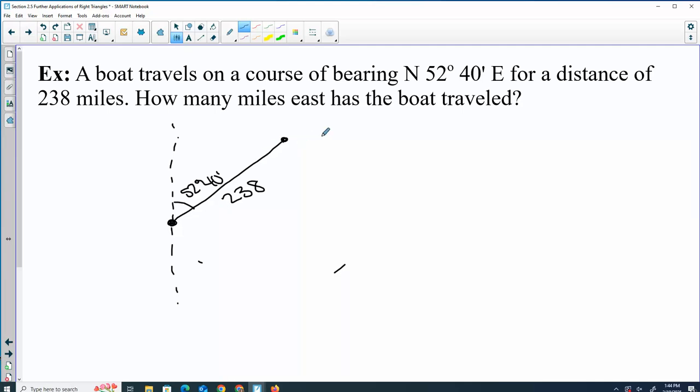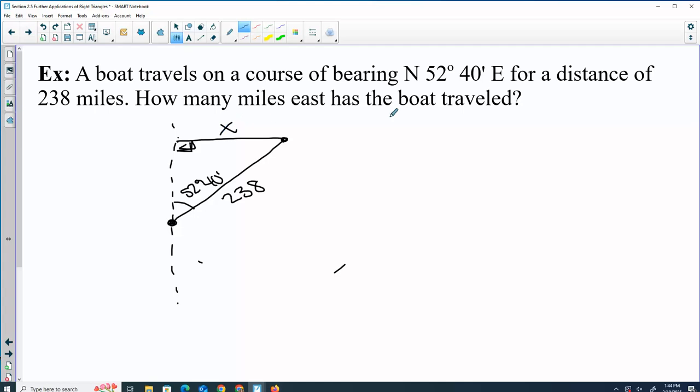How many miles east has the boat traveled? What could we do? All I want to know is how far to the east are we, so you could make a right triangle just by drawing that horizontal line due east.